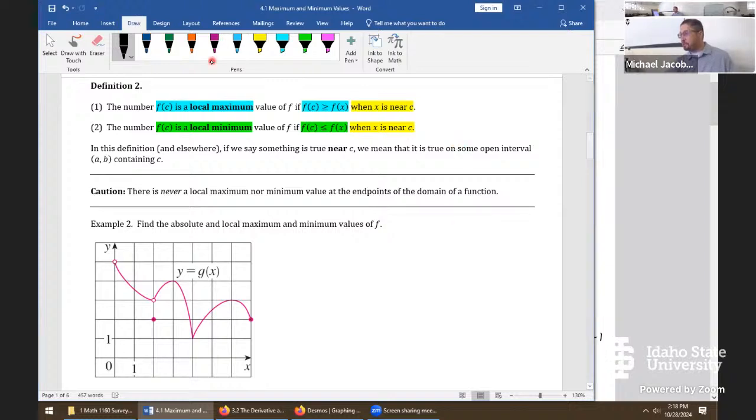So now we have another problem. To really define local minimums and local maximums, we are now required to say, what do you even mean when you say x is nearby a number? So expanding on that a little bit further, this is the definition our book likes to give. If we say something is true near a value, say c, it means it's true on some open interval, just like those open intervals we saw above in the notes.